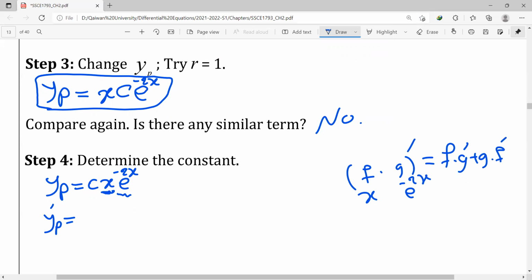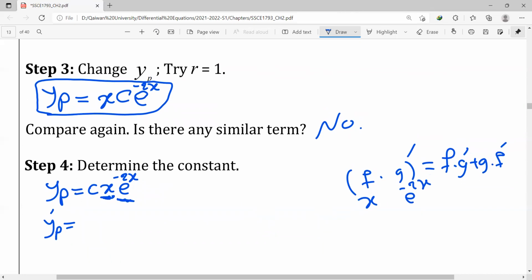Here we have x times e. We say yp prime equals cx times the derivative of e to the power minus 2x, which is minus 2 e to the power minus 2x. Then plus c e to the power minus 2x, the derivative of the first one, the derivative of x, is 1, times 1.